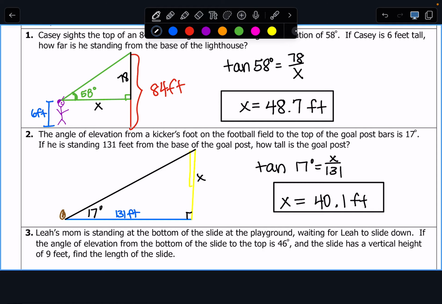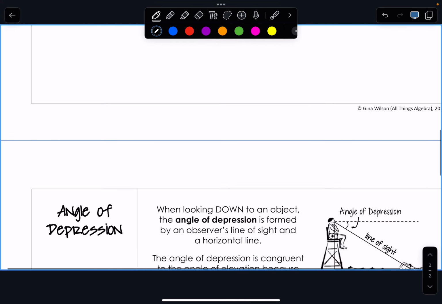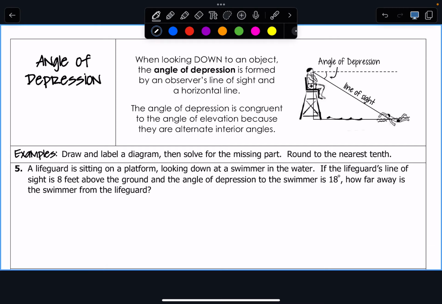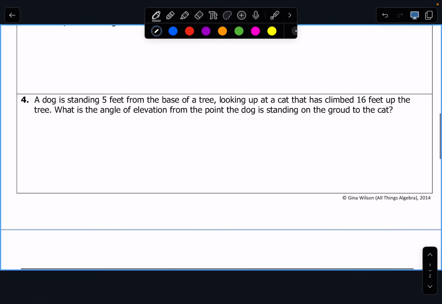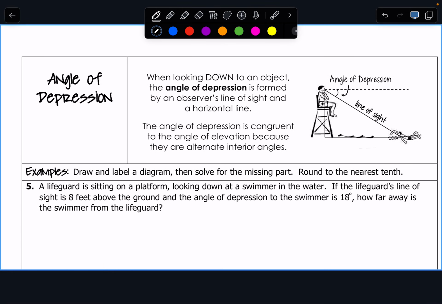Okay, now let's talk about the angle of depression. I have people who really struggle with the angle of depression.